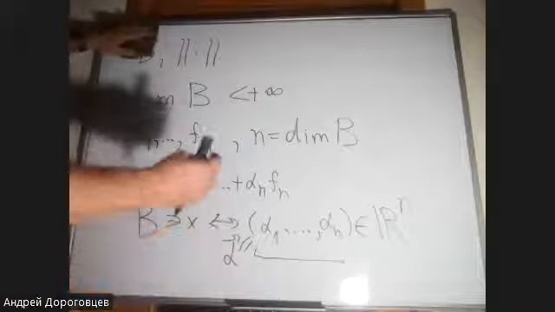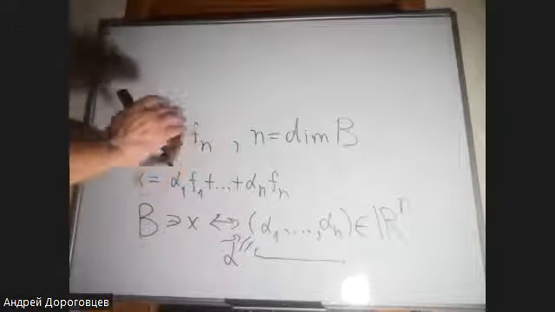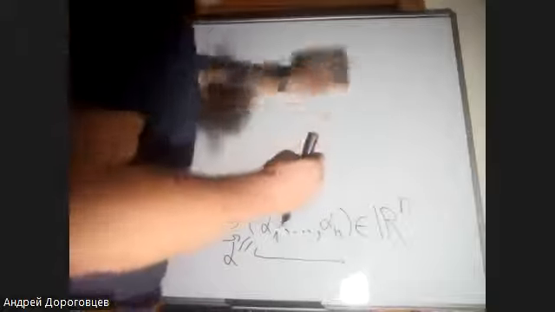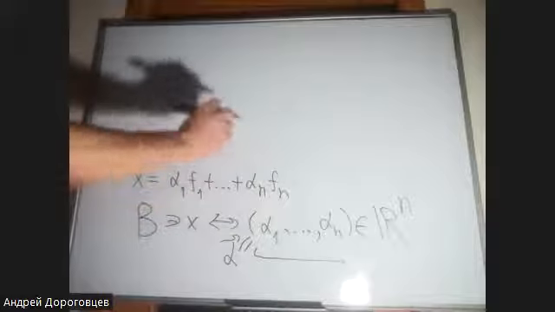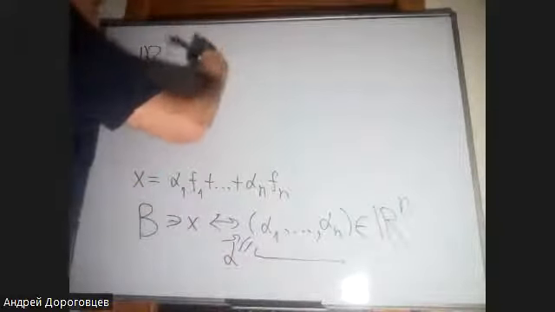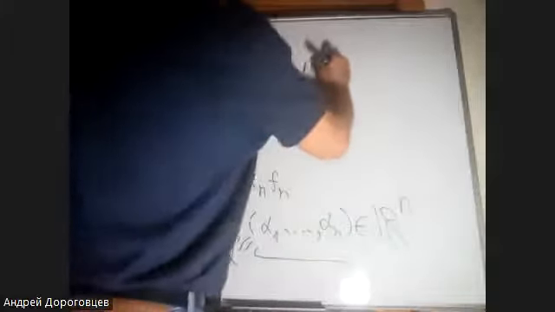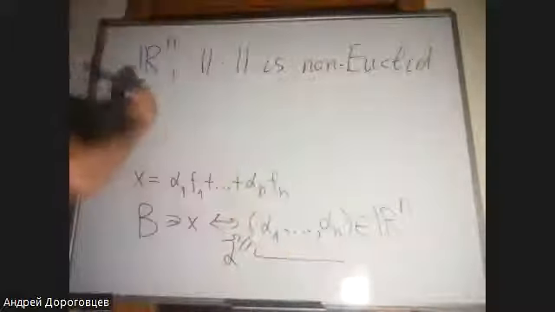But one can now say that our finite dimensional Banach space is maybe some Rn, but with a non-Euclid norm.